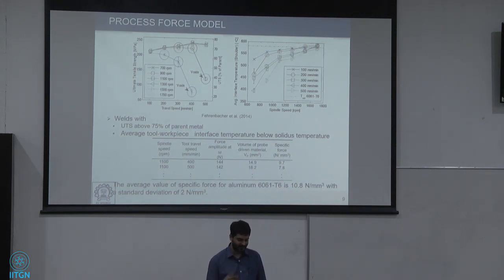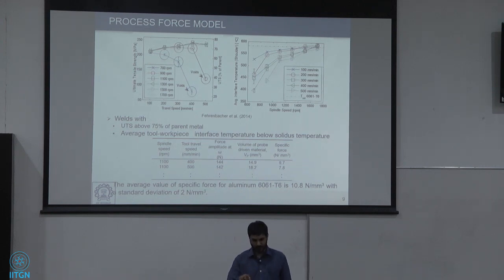So, we defined a line of, say, UTS above 75% of parent metal, and the welds for which temperature did not cross the melting point of the base material, because melting point determines if the material melted or not, and in this process we do not want the material to melt, because a lot of its inherent advantages come from the fact that the process is a solid state joining process.